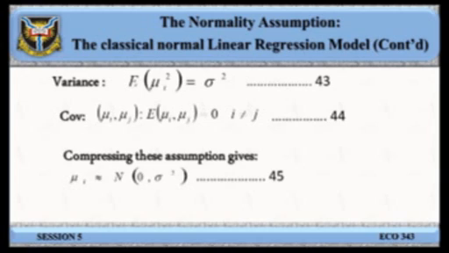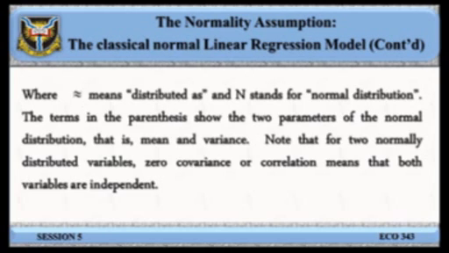Compressing this assumption gives mu i is distributed N into bracket 0, standard deviation squared, equation 45, where the sign means distributed as and N stands for normal distribution. The terms in the parentheses show the two parameters of the normal distribution, that is, mean and variance.